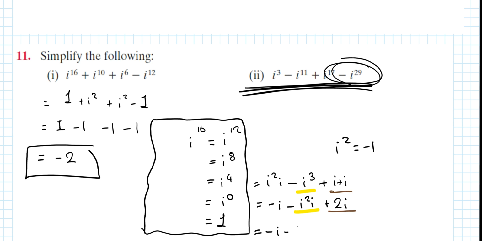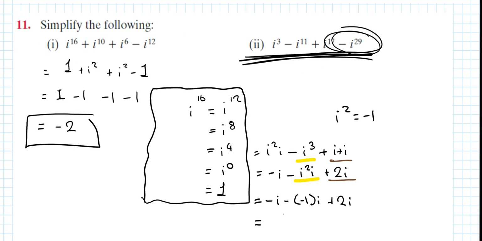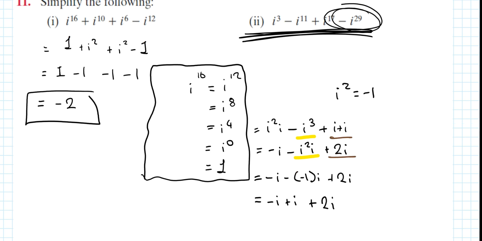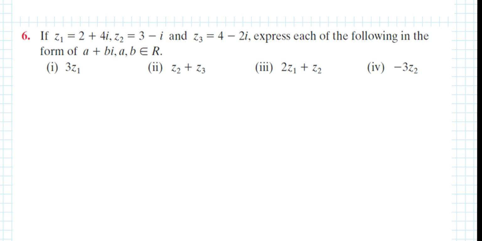So it's minus i minus 1i plus 2i. Minus i plus 2i will just leave us with 2i. Okay, I'm sure there's quicker and easier ways to do it, but again, you can just keep subtracting 4 from the powers until you get down to an i to the power of 4 or smaller.